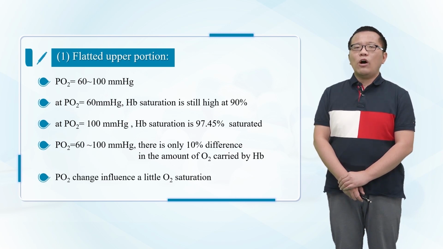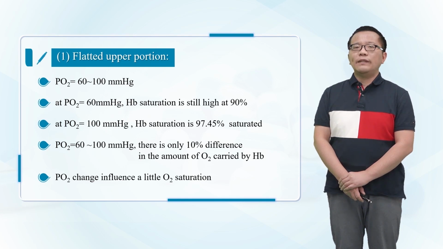If the pressure of oxygen is between 60 to 100 millimeters mercury, there is only a 10% difference in the amount of oxygen carried by hemoglobin. In this range, changes in oxygen pressure influence oxygen saturation only a little.